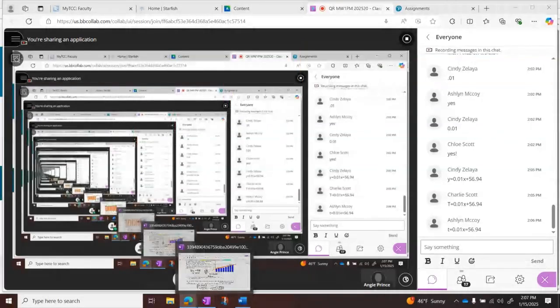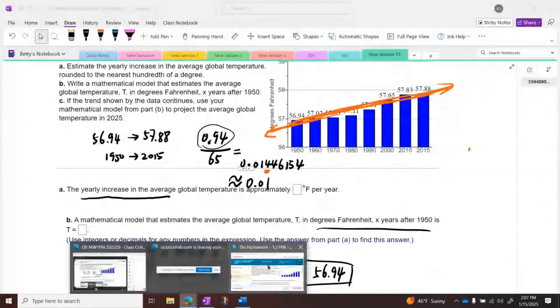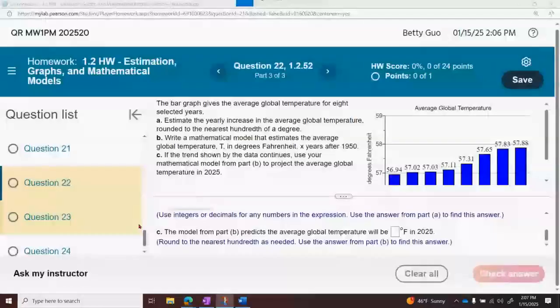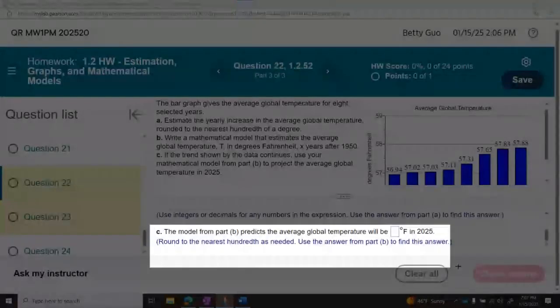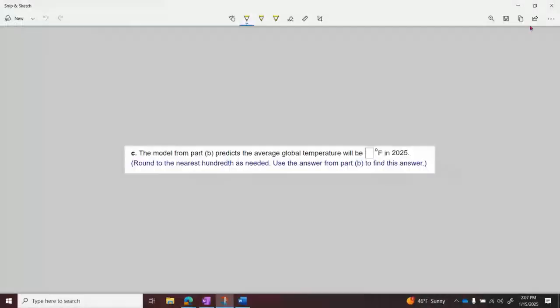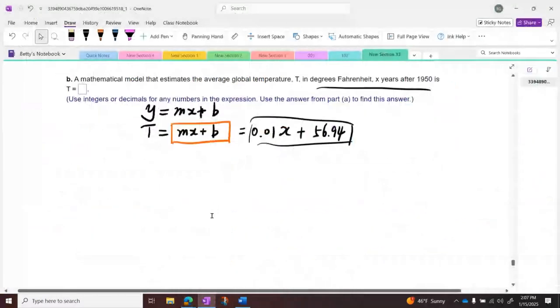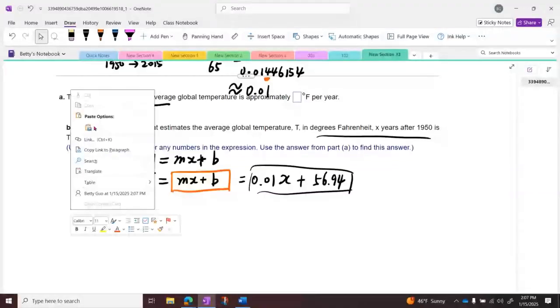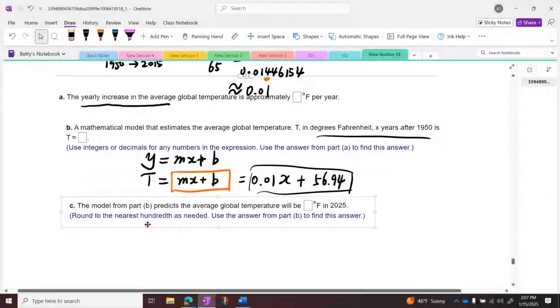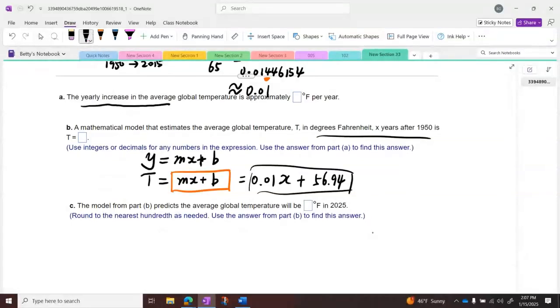Let's see part C. Part C is to predict. Prediction, in a sense, is also kind of like an estimation, right? You are estimating for a future value. Okay, part C, we are going to use the model from part B. The model from part B is P equals 0.01x plus 56.94.